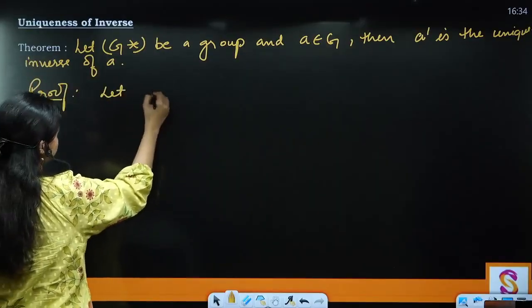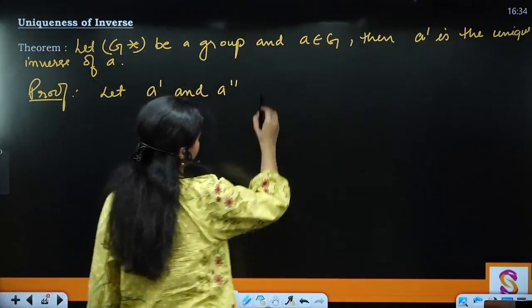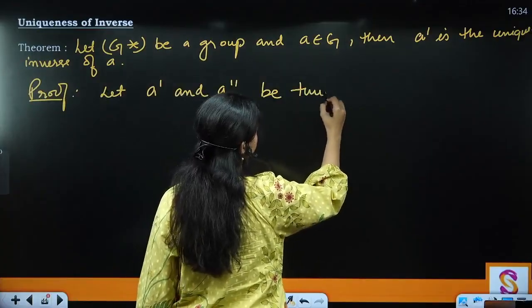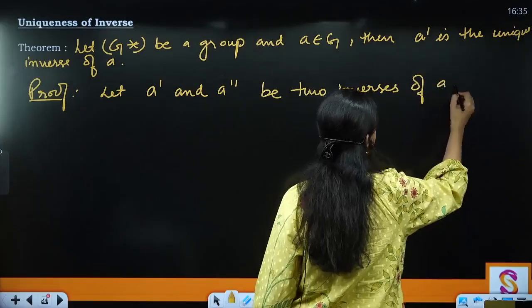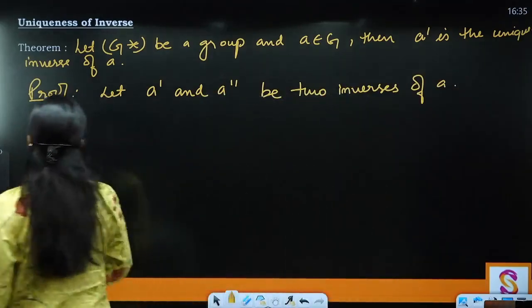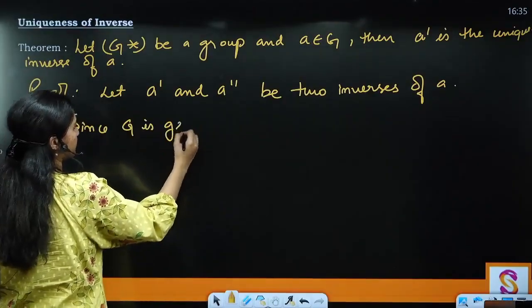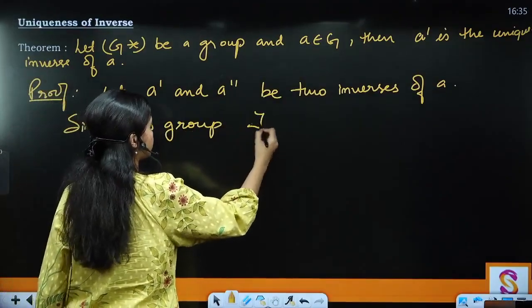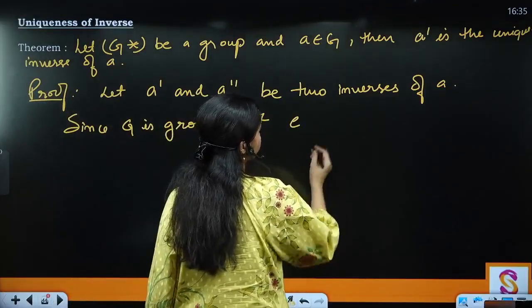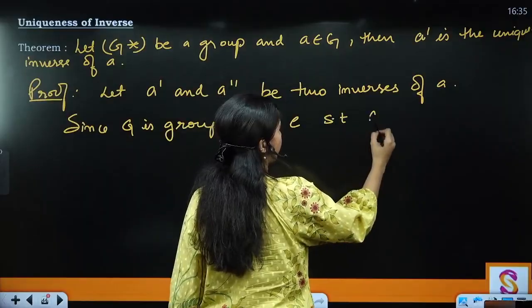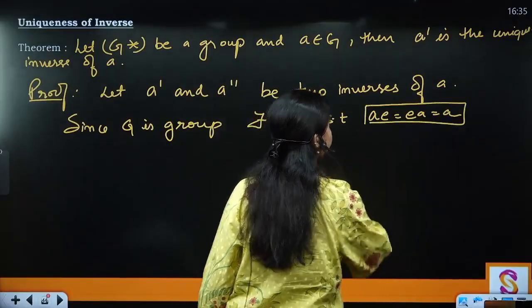Let a dash and a double dash be two inverses of a. Now since G is a group, there exists e such that ae equals ea equals a, right?